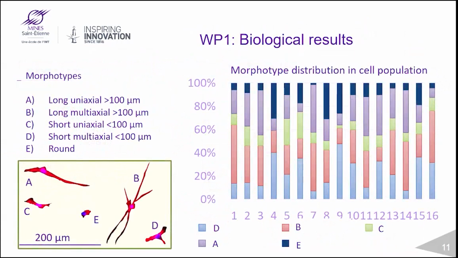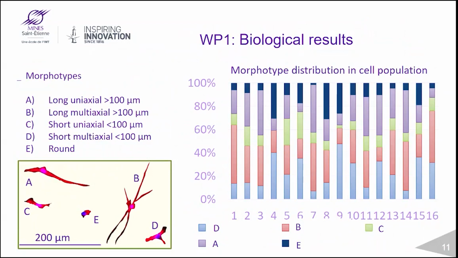With the biological results, we basically wanted to have an idea of how the population was shaped and which phenotype or morphotype we were able to obtain, depending on the different properties of the hydrogel the cells were seeded in. For that, we defined 5 different morphotypes based on the length and the shape of the cells. So we had the long cells, over 100 micrometers, the short ones, and the round ones that we associated with apoptosis.